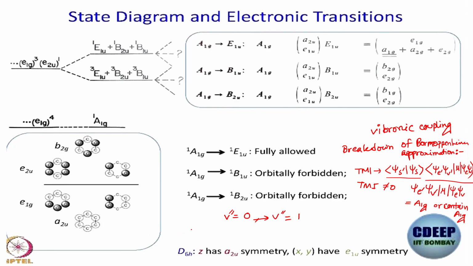So your psi V is totally symmetric. If you remember our discussion from the normal modes of vibration, you will remember this. And psi V dash has a symmetry of xi, or you can say the symmetry of normal modes of vibration.